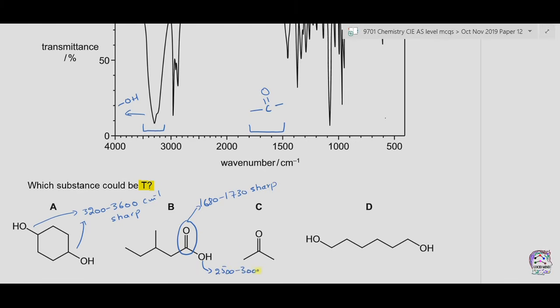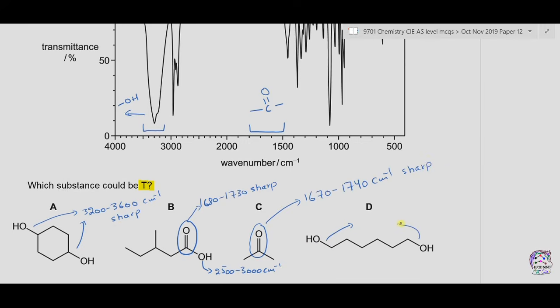per centimeter. In C we have a ketone present, and the carbonyl carbon of the ketone will give a sharp peak between 1670 to 1740 per centimeter. And in D we have alcohol functional groups.